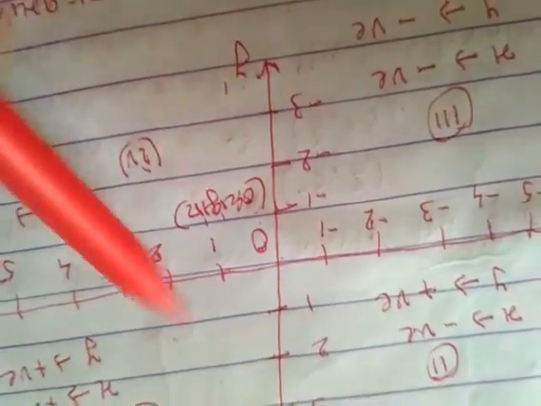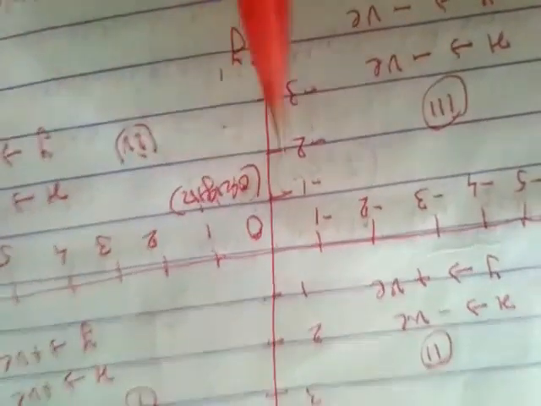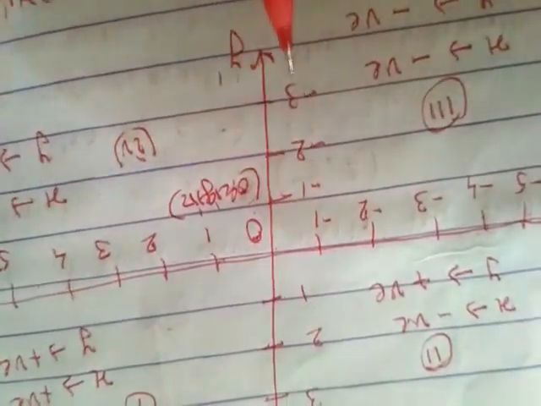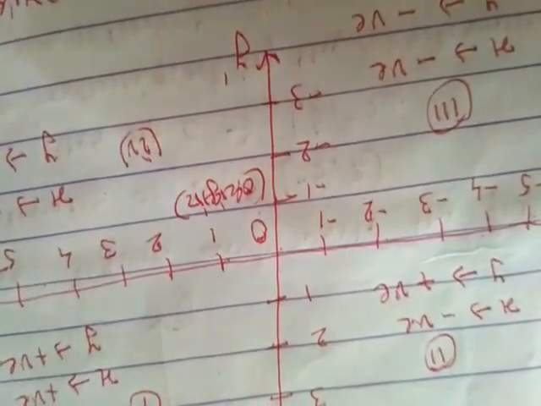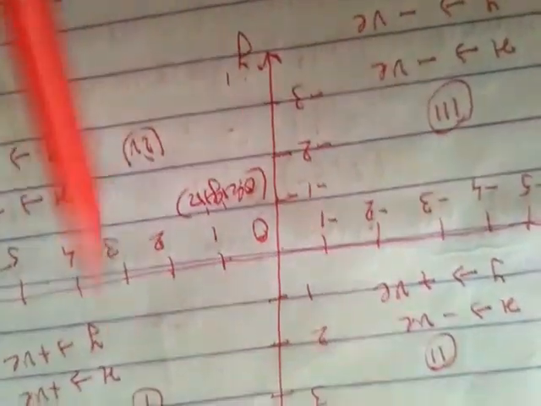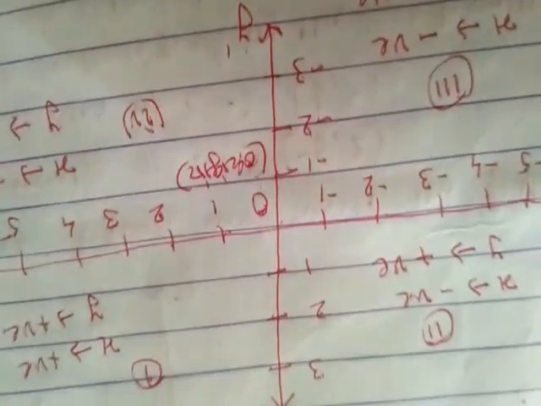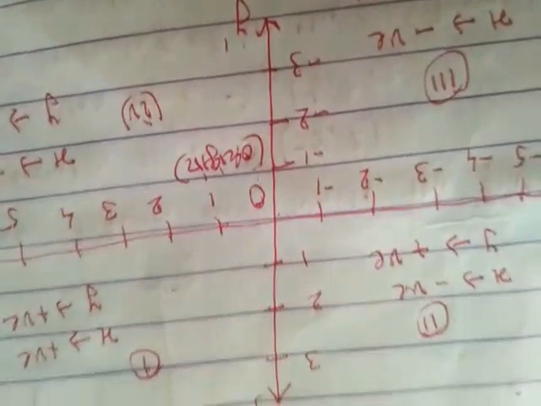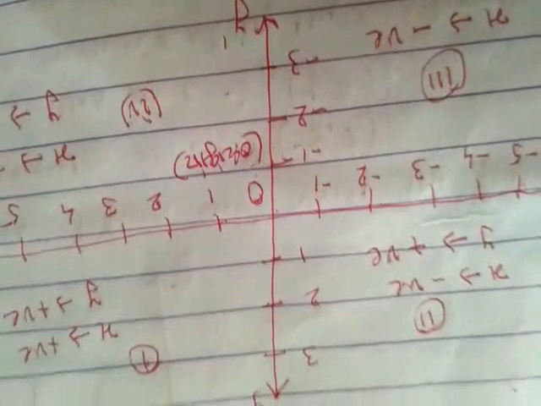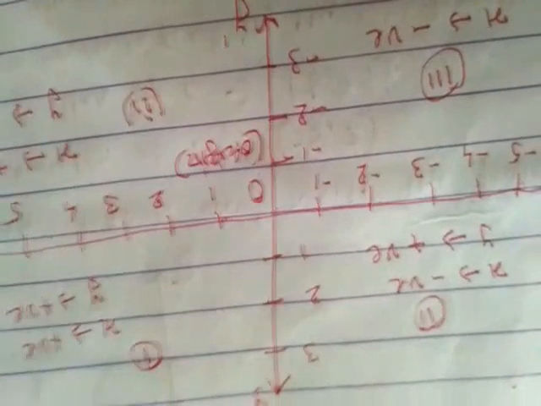These two lines, the x-axis and y-axis, divide the plane into four parts.